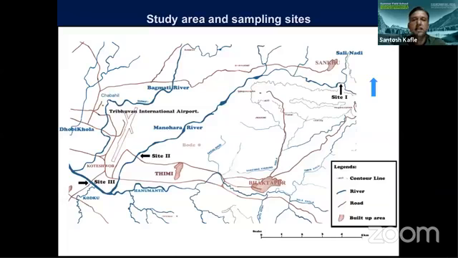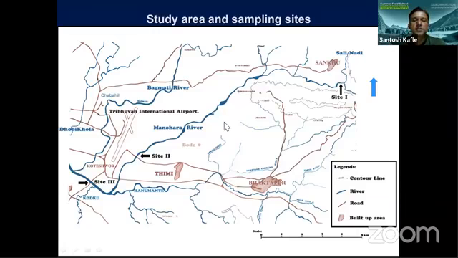So this is the study site. You can see here, site 1 is the upstream part of the river, the head part of the river. Here is site 2, where the beverage industry is located. Here is site 3, where the carpet dyeing industry was located.